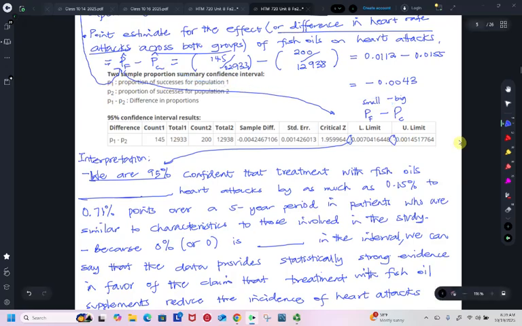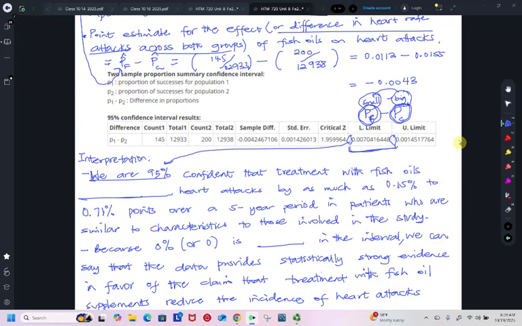And by that I mean only a small number minus a big number can give negative values. These are strictly negative values. So that means that the proportion of heart attacks in those who received fish oil treatment was smaller than the proportion of heart attacks in those who did not receive fish oil treatment.